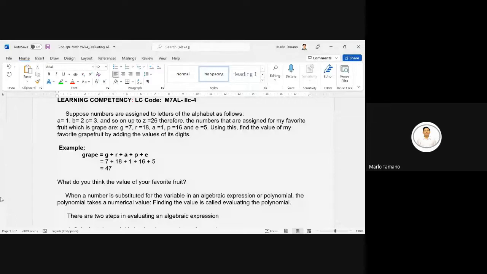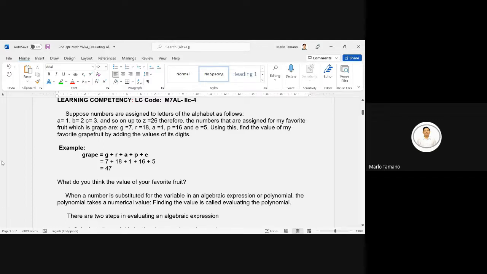Therefore, the numbers that are assigned for my favorite fruit, which is grape, are G is 7, R is 18, A is 1, P is 16, and E is 5. Using this, find the value of my favorite fruit, grape, by adding the values of each letter.